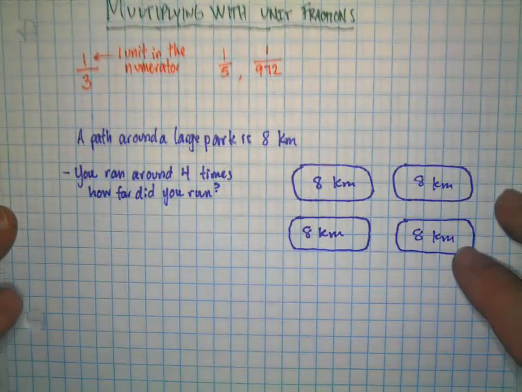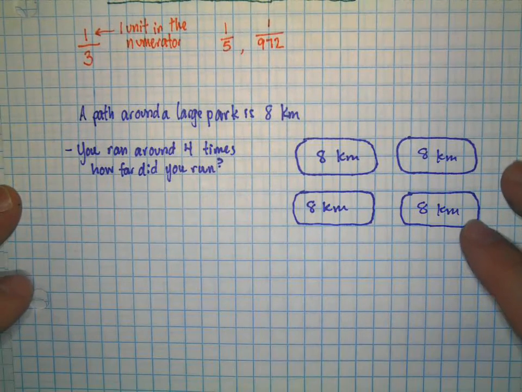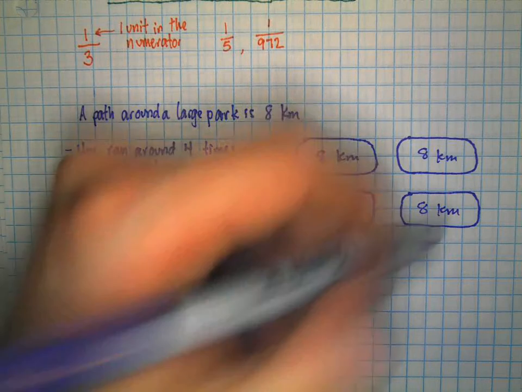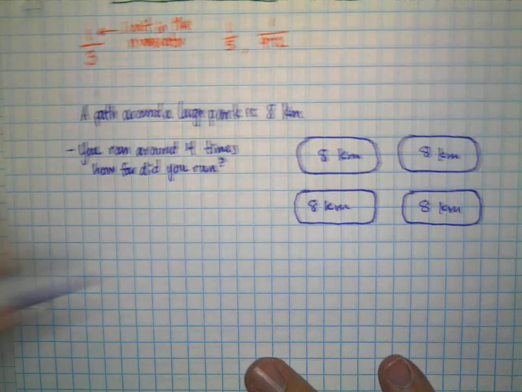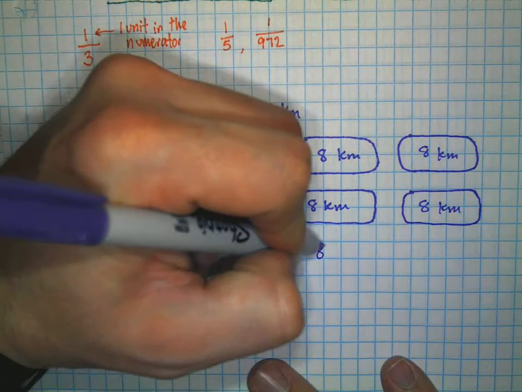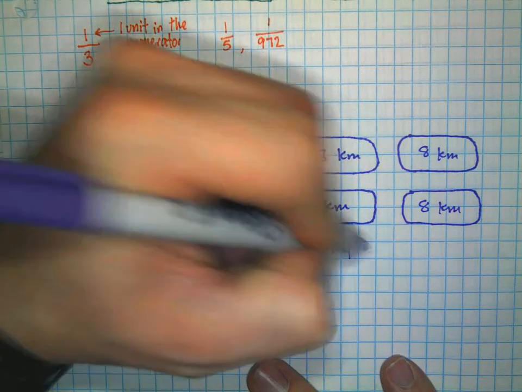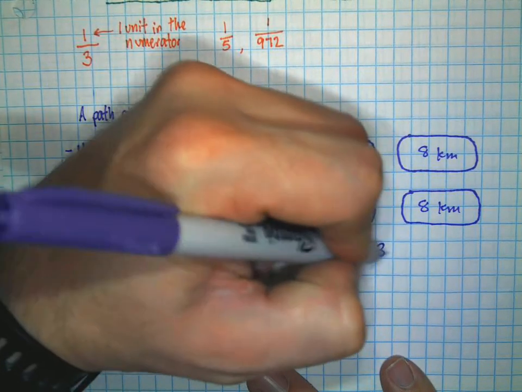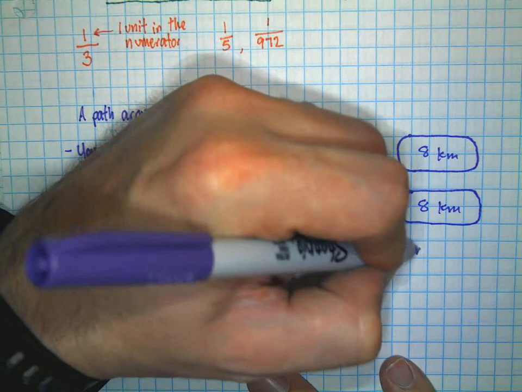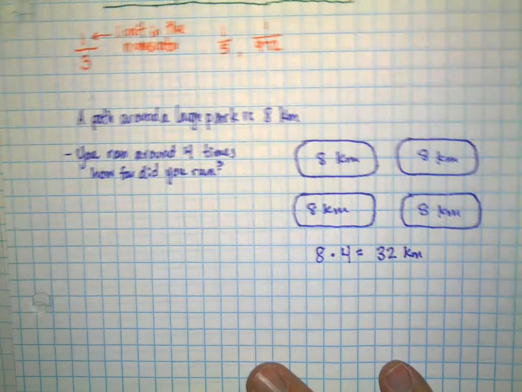And what most people recognize right away is like, oh wow, that is 8 times 4. There are 4 groups that each have 8 kilometers in them. So we could then restate this as 8 times 4 equals 32 kilometers.